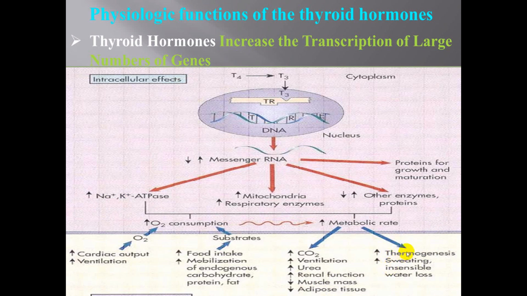Increase sweating بسبب ارتفاع temperature أو thermogenesis, insensible water loss بسبب thermogenesis. تلاحظون إنه الإفكت مالها متشعب، needs or requires materials or molecules leading to mechanisms of all or most of tissues, organs, systems in the body، تأثيرها يكون متشعب فنسميها general effect hormone.